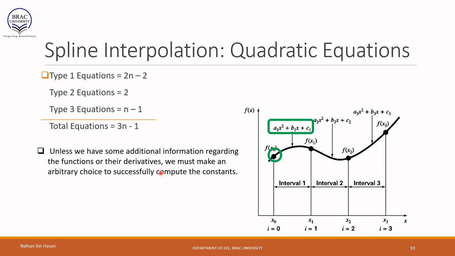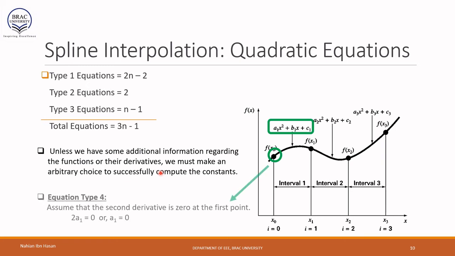For example, the most common assumption used in spline interpolation is that the second derivative of the first function at the first data point is 0. You can use other assumptions, but this is the most commonly used one.